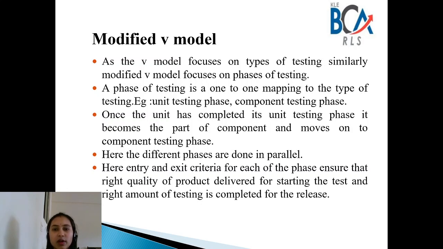There is a one-to-one mapping to the type of testing, for example unit testing phase and then component testing phase, etc. Once your unit testing phase has been completed, the unit becomes part of the component and then moves on to component testing. As I have told, once you finish your unit testing phase, only then can you move that part to the component.